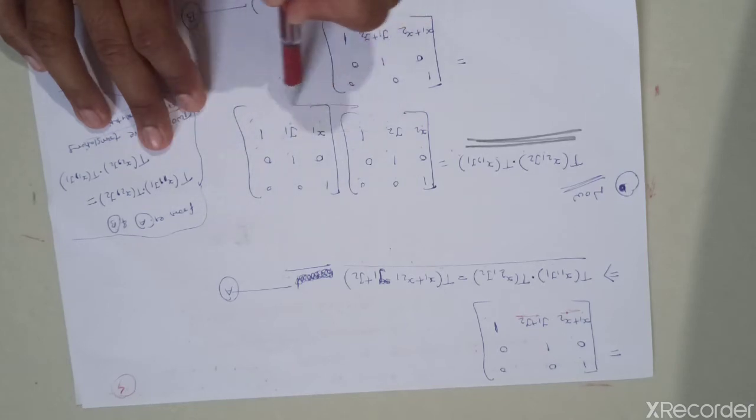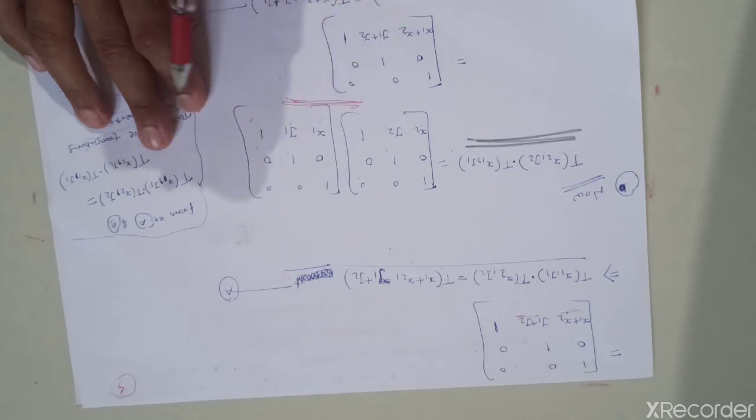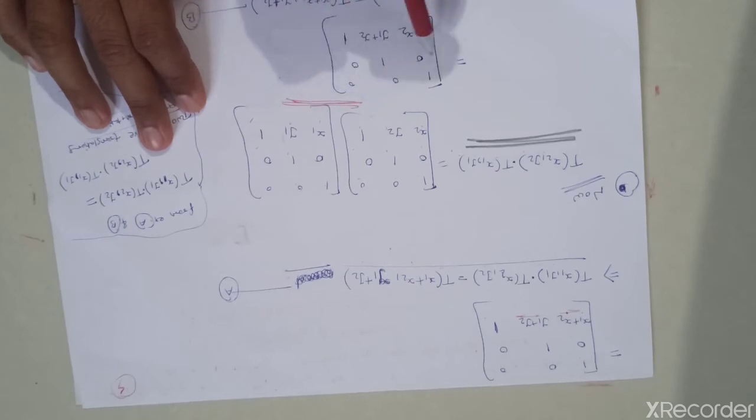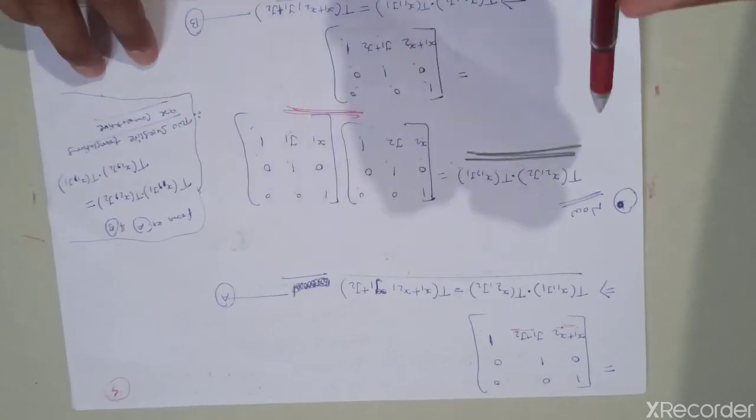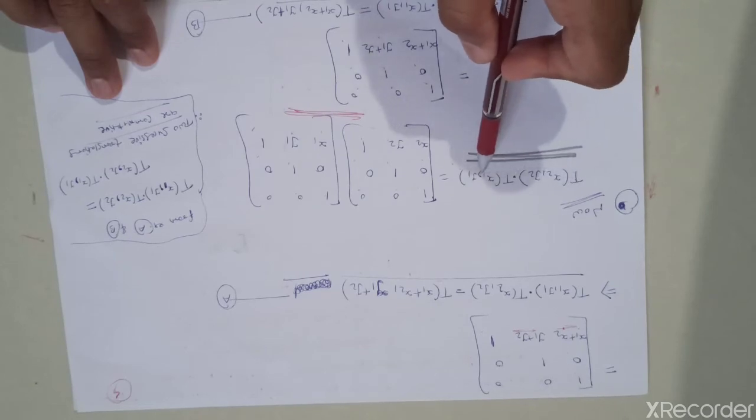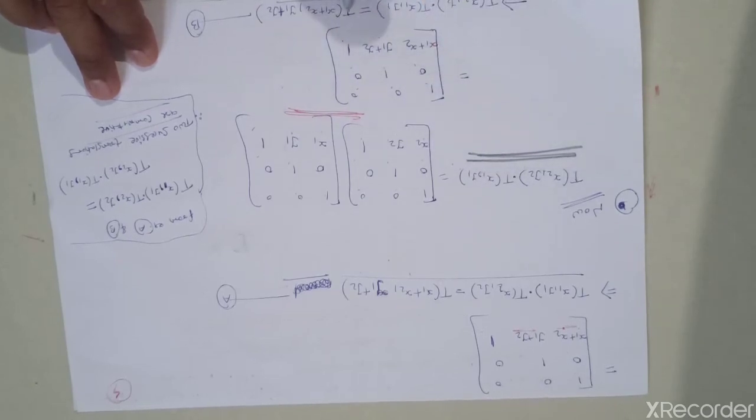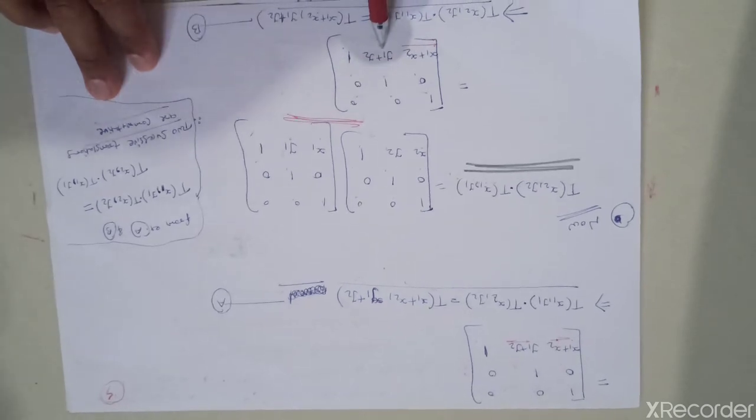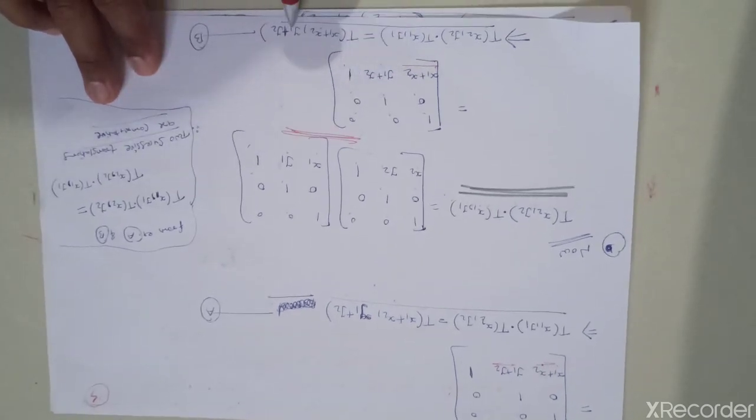Both matrices are 3 cross 3, so matrix multiplication is possible, and this is done by 1 0 0; 0 1 0; x1 plus x2, y1 plus y2, 1. So we say that T(x2, y2) into T(x1, y1) is equal to T(x1 plus x2, y1 plus y2). This is our equation number B.